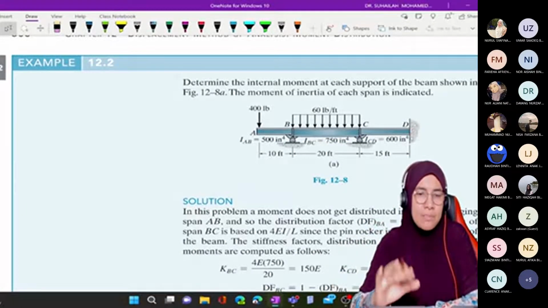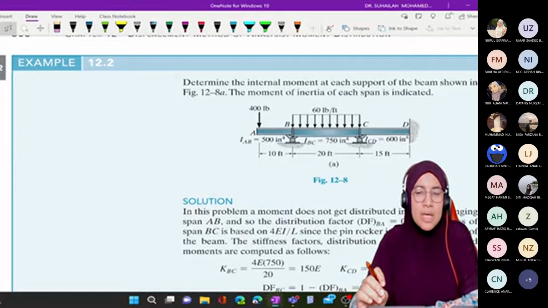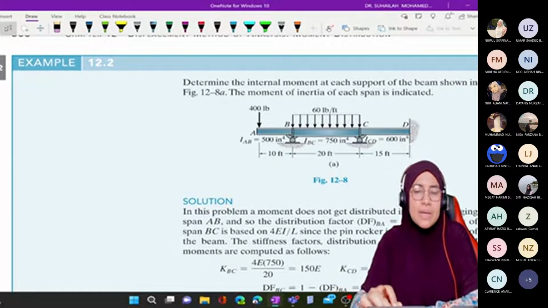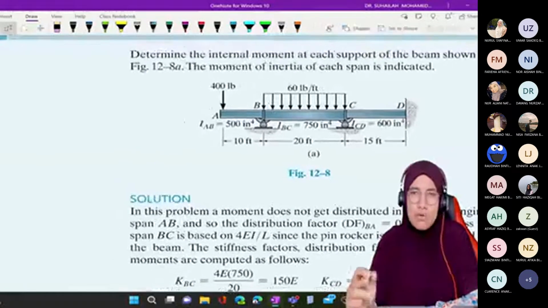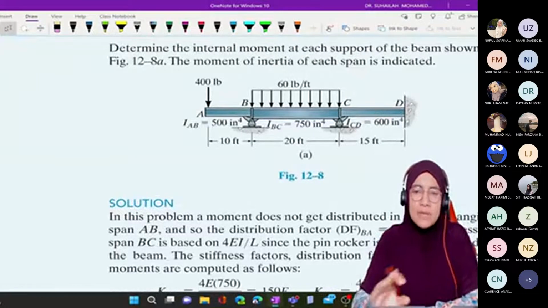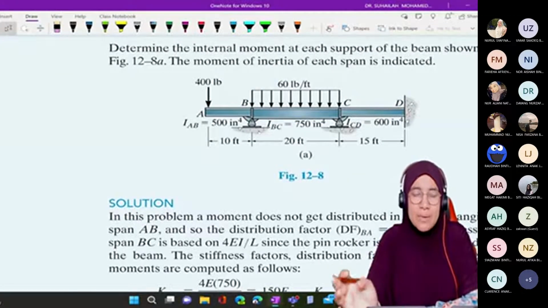But the e-book that I have, I'm not sure, this is the 9th edition maybe, has a combination of SI and Imperial units. It doesn't matter, we just want to follow the procedure and see how we solve this. Whatever the unit, we just look at the numbering.